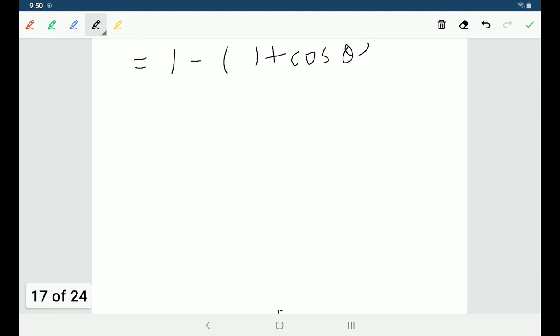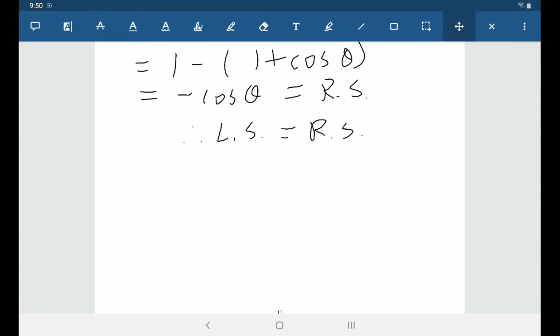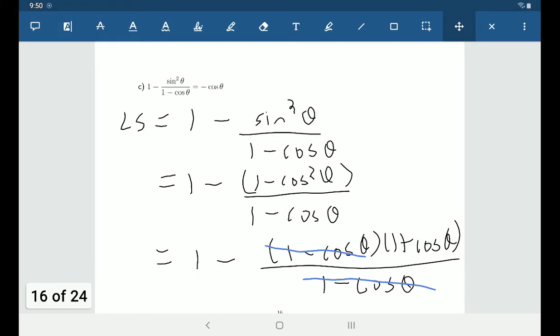And when we simplify that, carrying that negative through the bracket, the 1 minus 1 is gone, and then we'll have minus cosine theta, which of course is the right side. So we've shown that the left side is equal to the right side. We've established our trig identity, and we can feel happy about that.